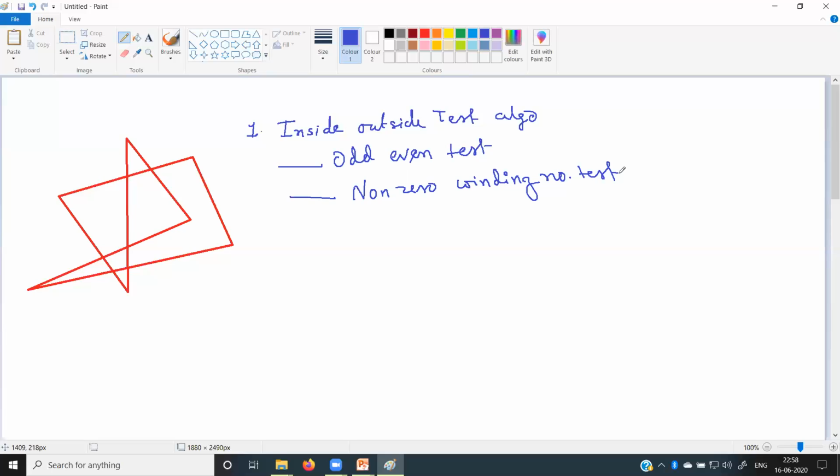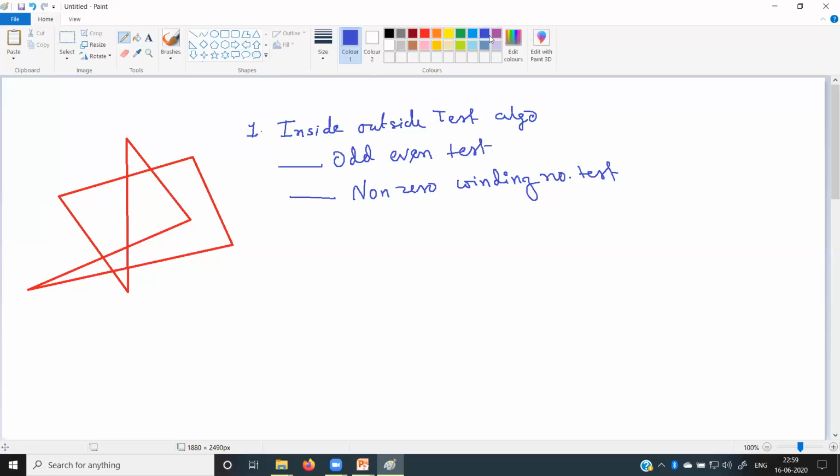Now for all these cases where the polygon has intersecting edges, the important thing you have to do is put the numbering of the vertices either in clockwise or anti-clockwise direction. Here we will write down the names of the vertices in anti-clockwise direction.